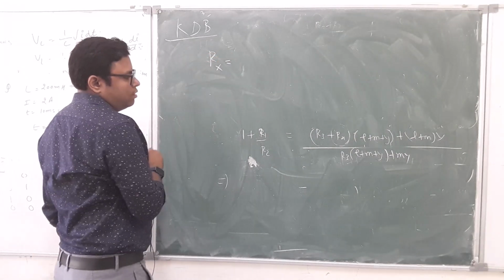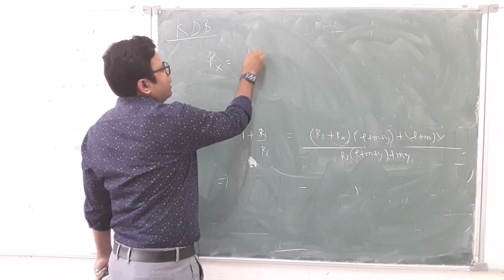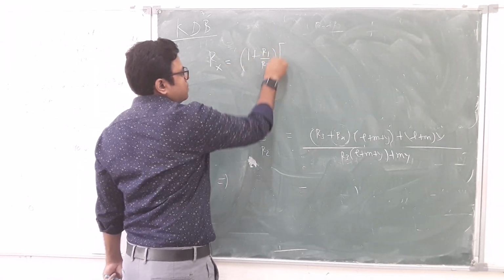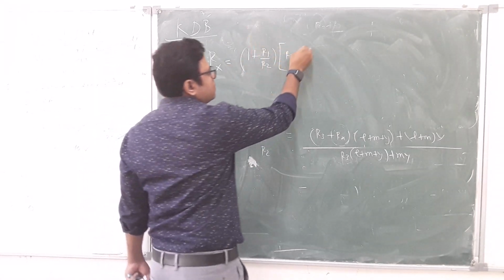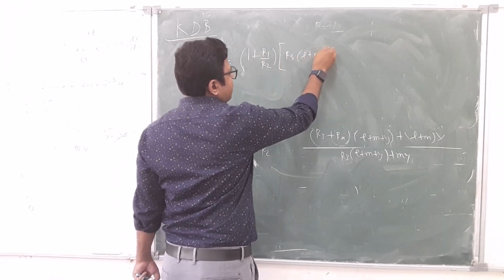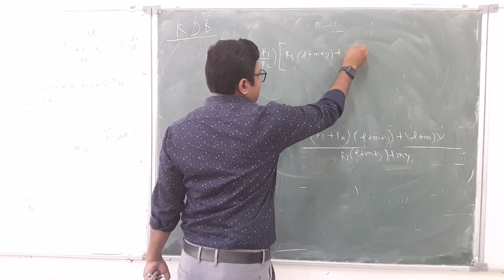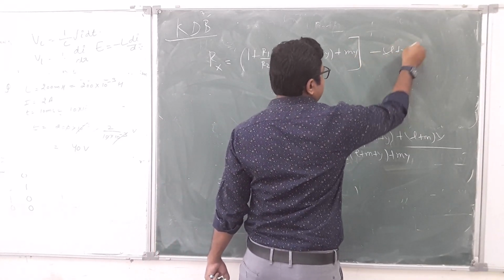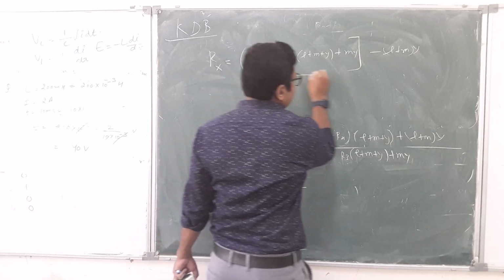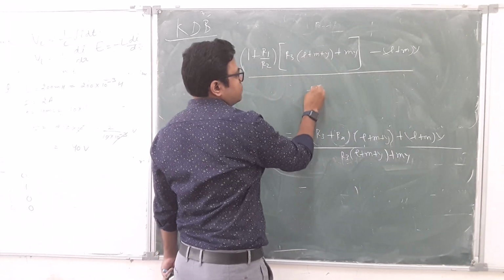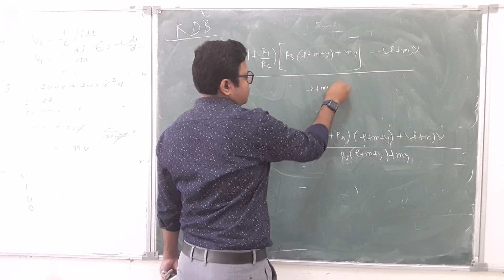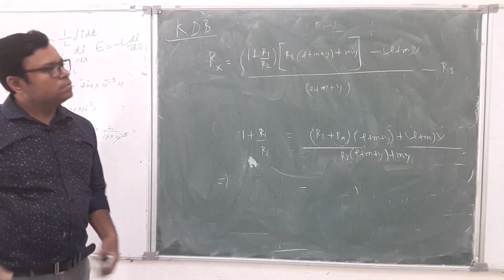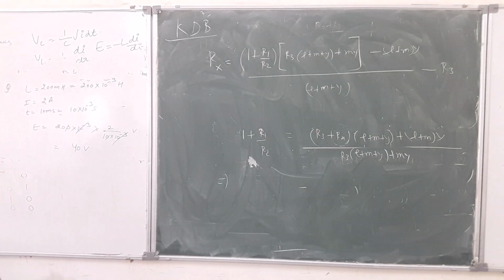Rx is equal to 1 plus R1 by R2 into R3(L plus M plus Y) plus My minus (L plus M) Y by... Is it correct? Let me check.